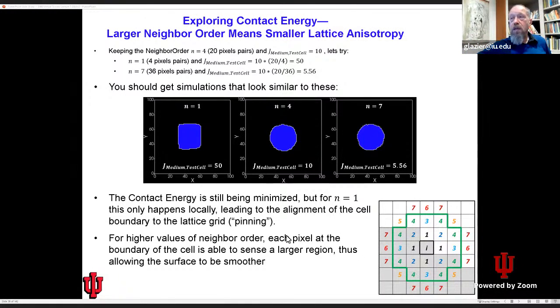And so here, if we go to longer ranges and adjust the J's so that we keep the fluctuations the same as well, we'll see that as we go to longer interaction ranges, things get rounder.